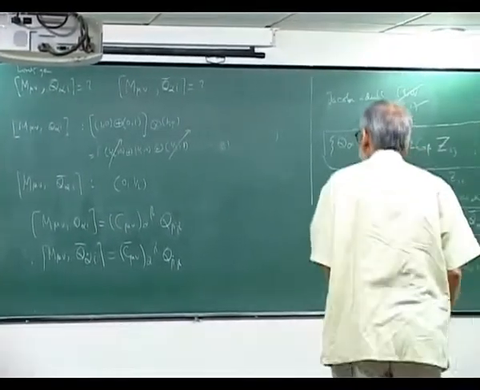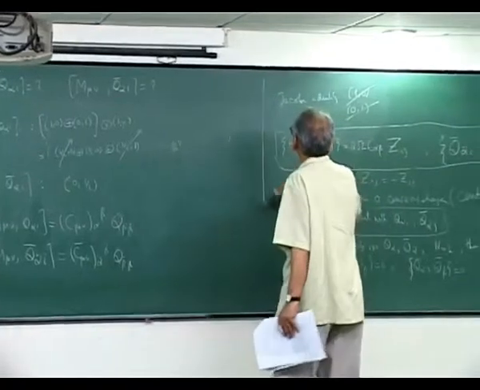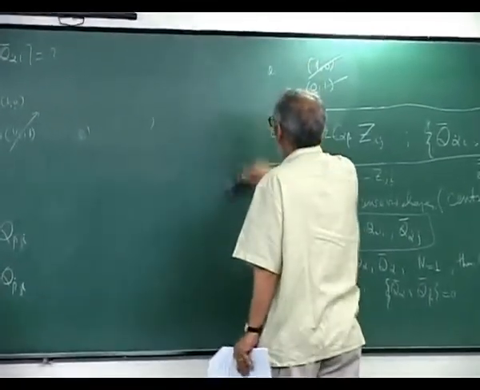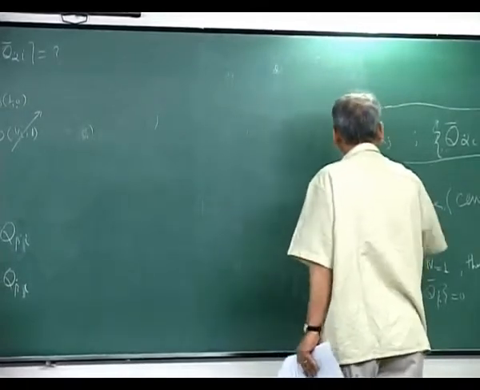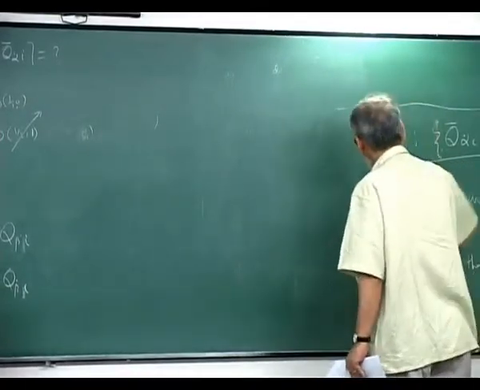Use the Jacobi identity again and work out what these C mu nu are.